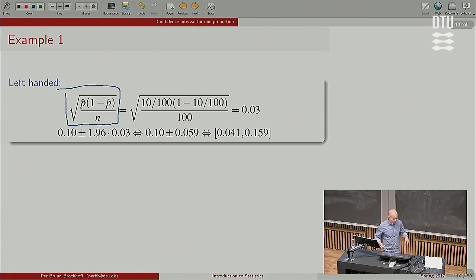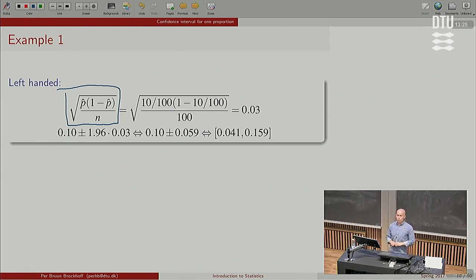Hopefully you remember more than one thing, but nevertheless, this is a really useful, easy thing to remember. Whenever you see a proportion in the newspaper, and you couldn't open one newspaper without seeing some percentage or proportion, please think, before you start running out and doing some investments or making any decisions in your life based on this proportion, or you run out and vote for someone you shouldn't vote for, or whatever: think about this formula.